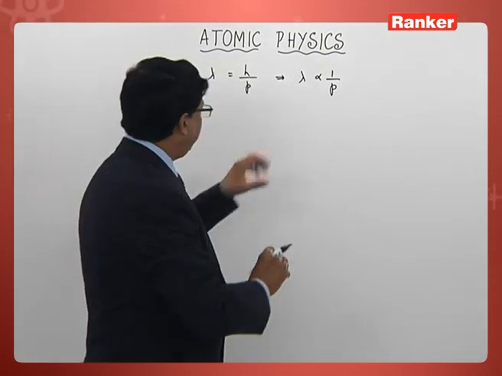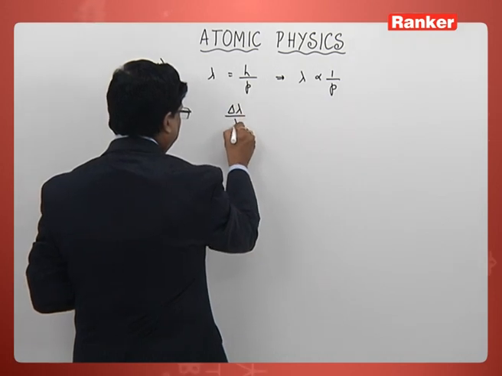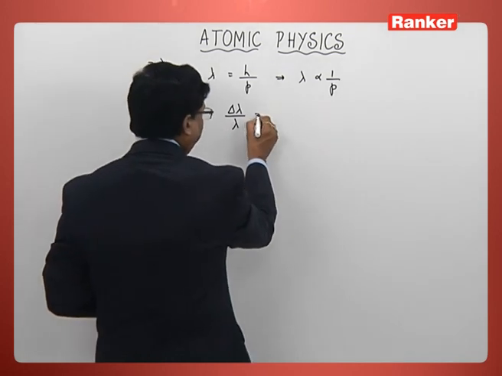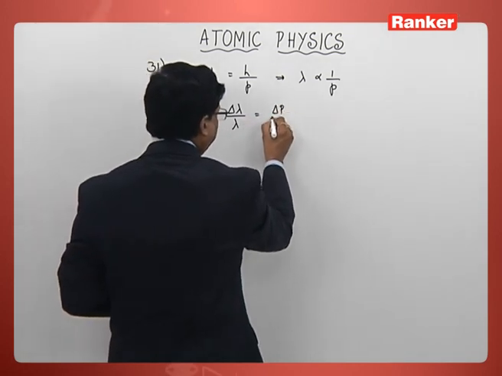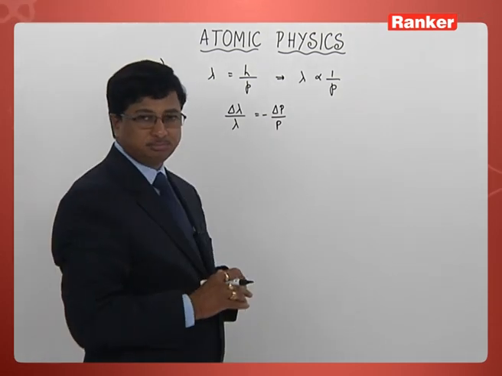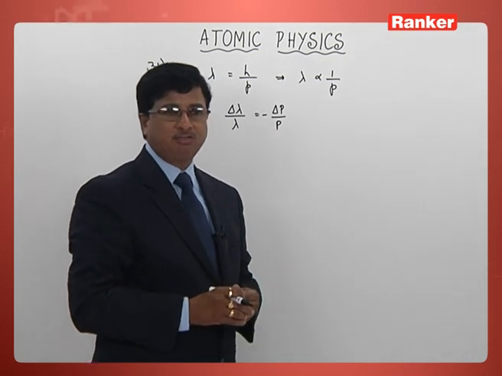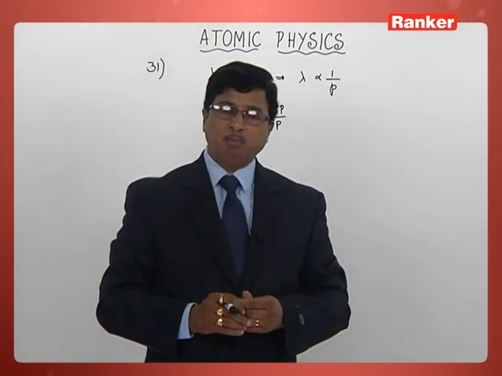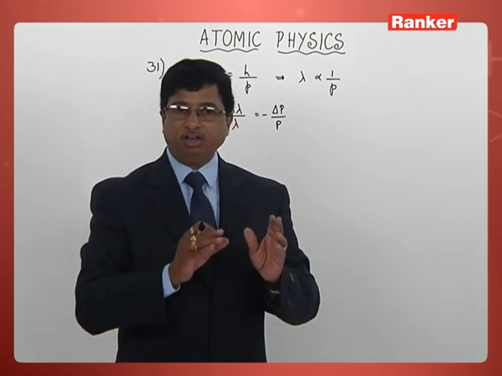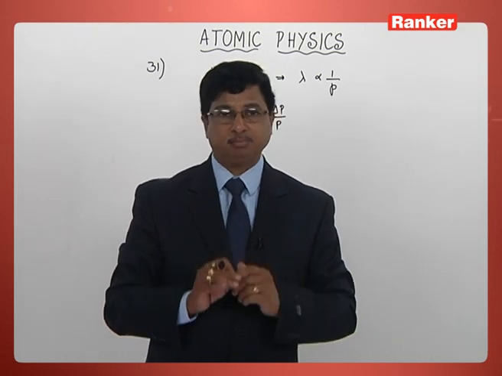Now let me write the same this way: delta lambda by lambda is going to be delta p by p with a negative sign. What you can understand is p power minus 1, there is nothing special there. Minus 1 into delta p by p. So that is a negative of delta p by p. That's what actually is given.